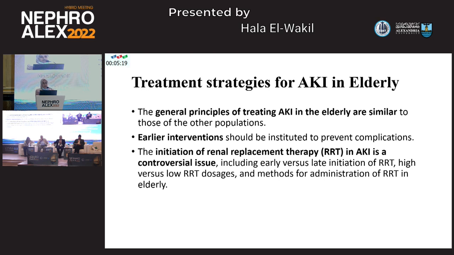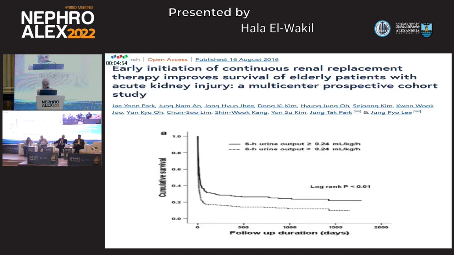What about the treatment strategy for AKI in elderly? The general principles of treating AKI in elderly are similar to those of the other population, but early intervention should be instituted to prevent complications. The initiation of renal replacement therapy in AKI is a controversial issue as regards early versus late, high versus low dose, and the methods of renal replacement therapy.